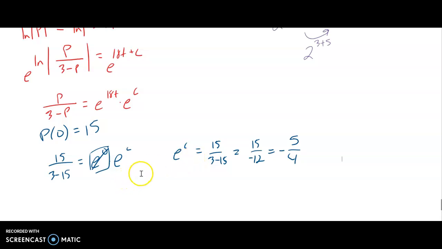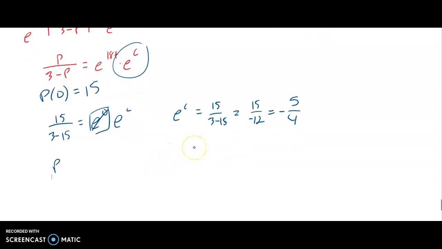All right, so what does that do? I'm going to then replace this right here with negative 5 over 4. So I get p over 3 minus p is equal to negative 5 over 4 times e to the 18t.